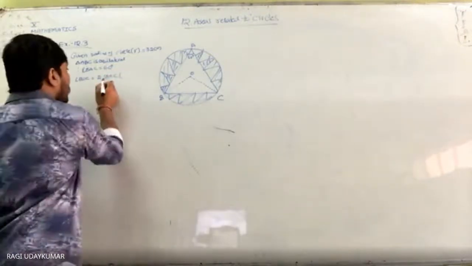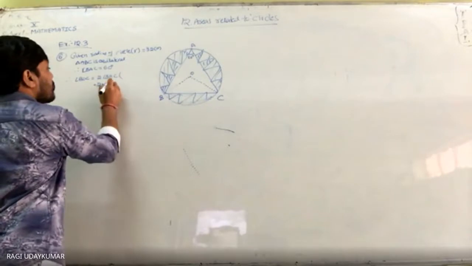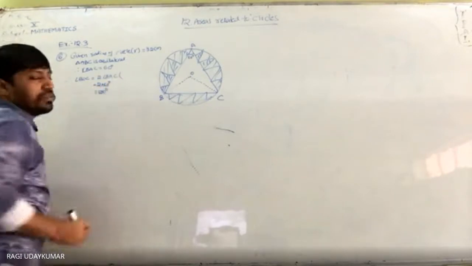So 60 degrees doubled is 2 into 60, which is equal to 120 degrees.